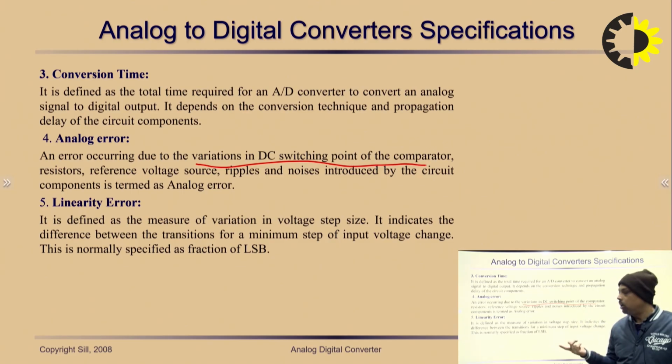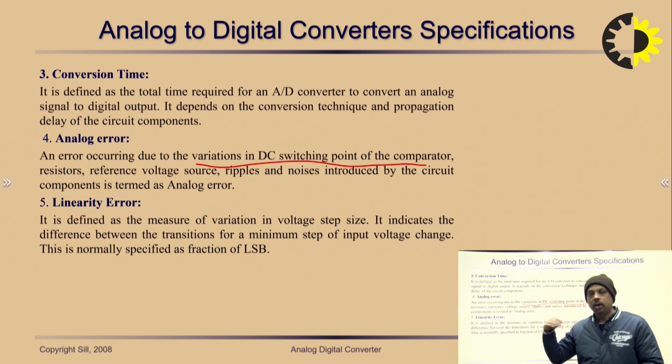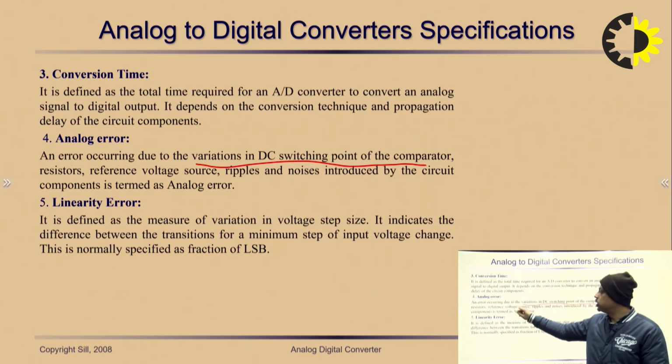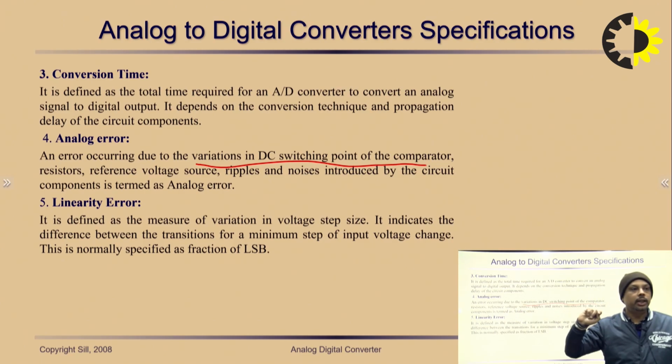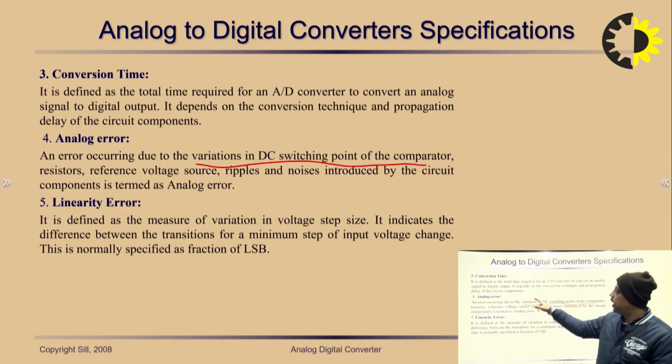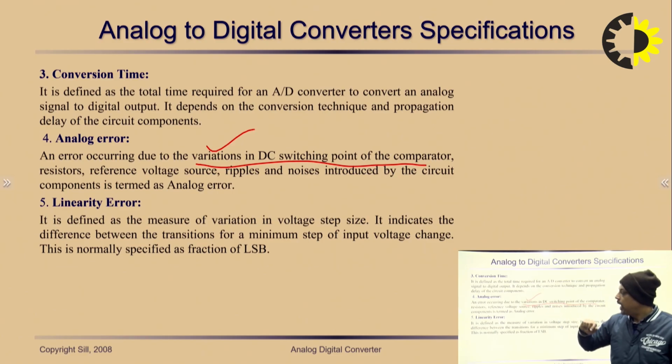If you are going to input an analog signal, there must be analog variations. It may be ripple, voltage source variation, or resistance value fluctuation, due to which an analog input signal can have some noise and some errors. So it can be included in the digital output. So first of all, we have to remove these analog errors.